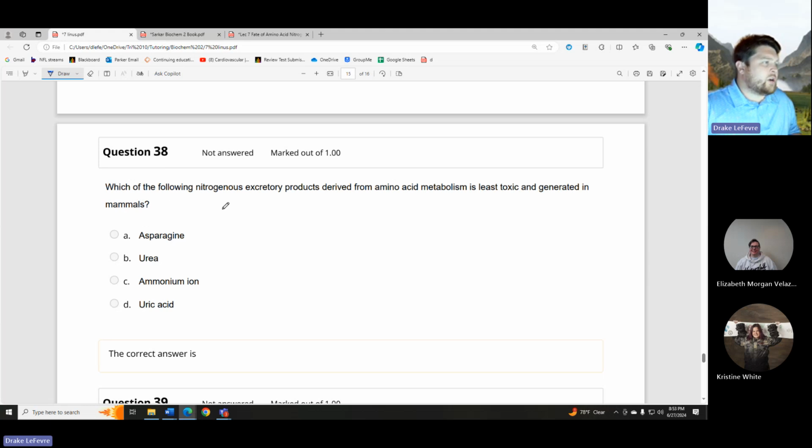Which of the following nitrogenous excretory products derived from amino acid metabolism is least toxic and generated in mammals? This one is again going to be urea.